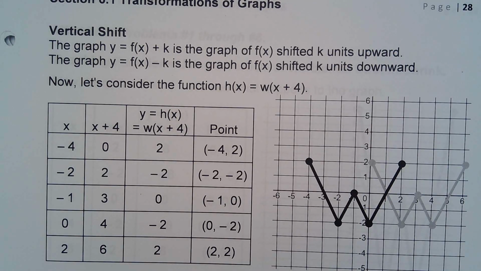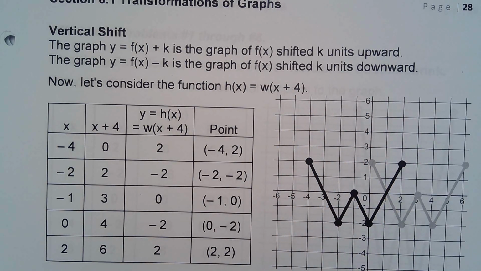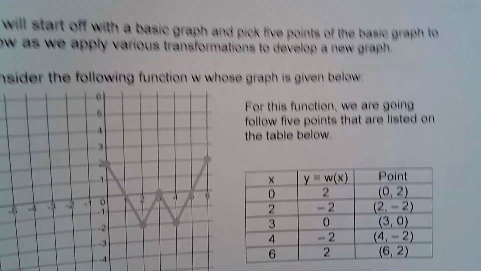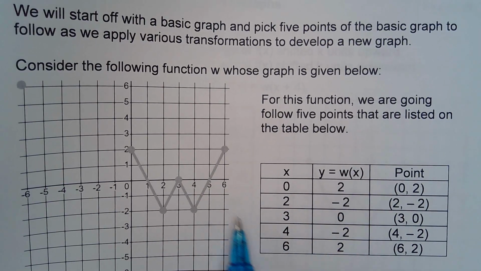Now let's this time put the number inside with x. So now we're going to consider the function h of x equals w of the quantity x plus 4. Remember what my base points were. Here are my x and y values of my original function.